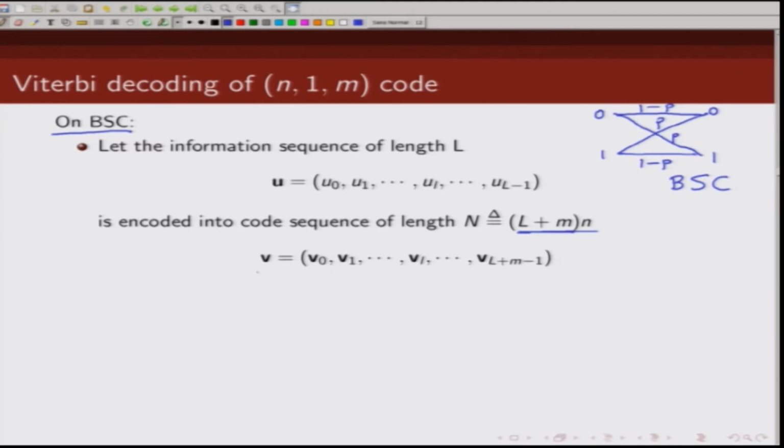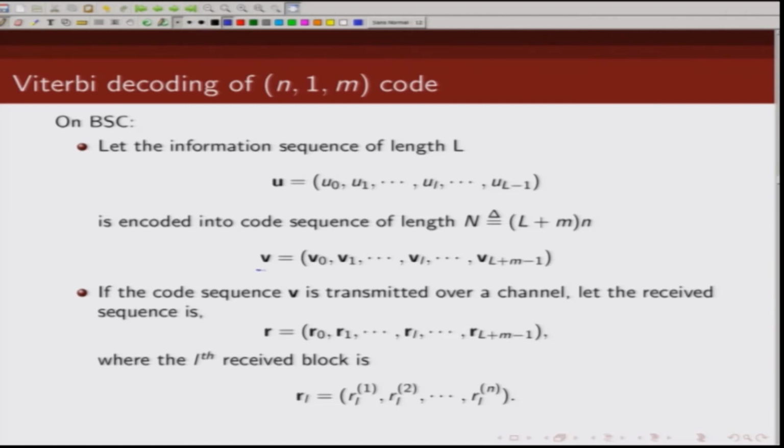So our code sequence is of length L plus m, denoted by V0, V1, V2, up to V L plus m minus 1, where each of them V0, V1, V2, VL are basically n bits.